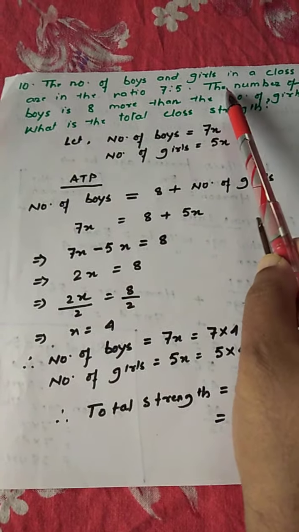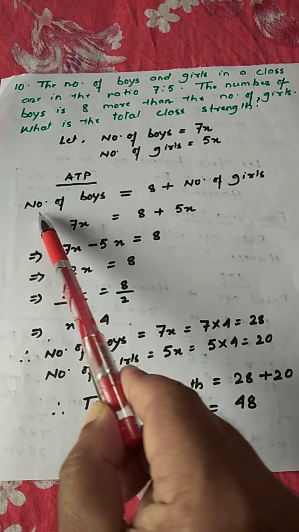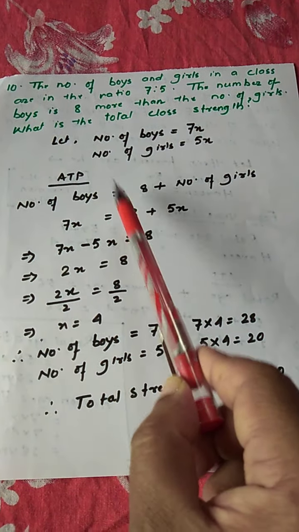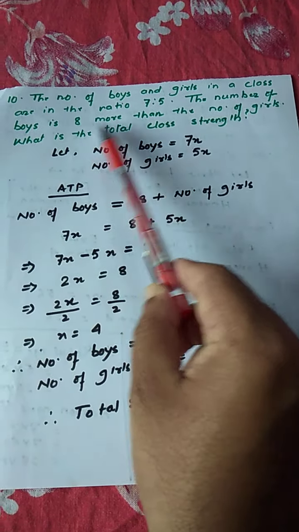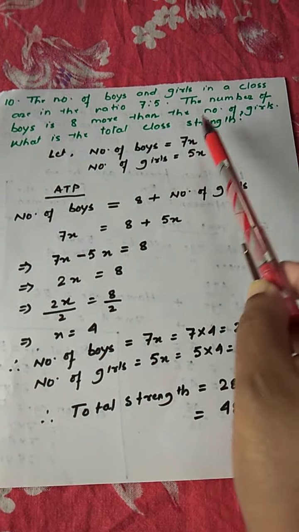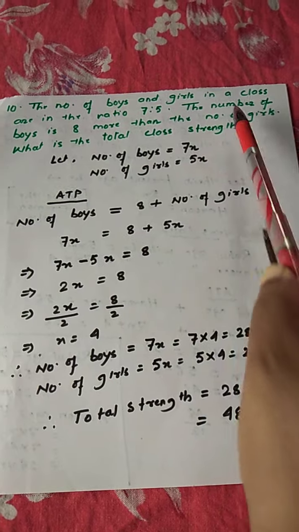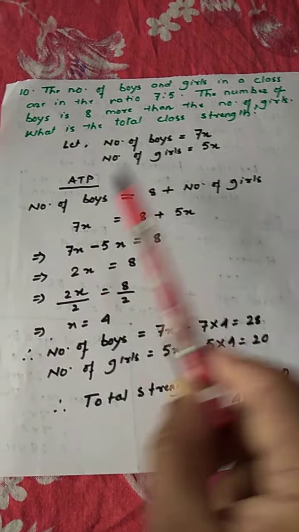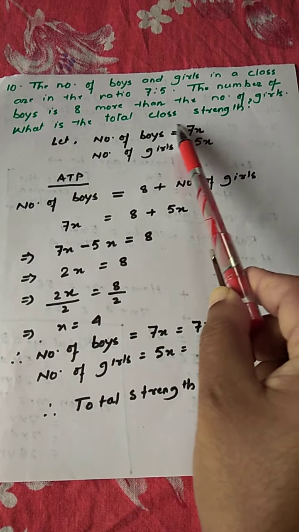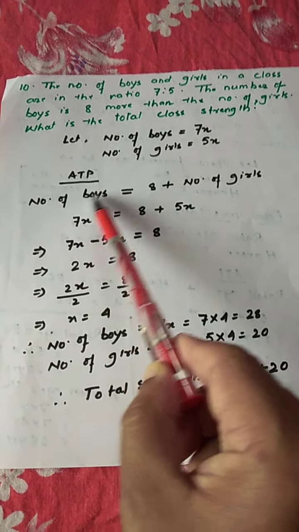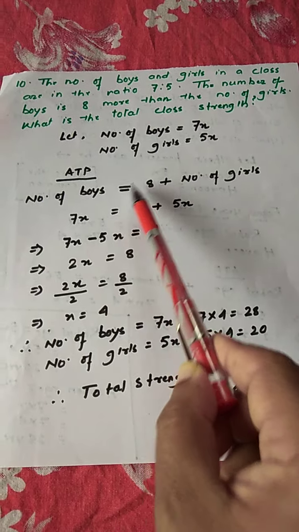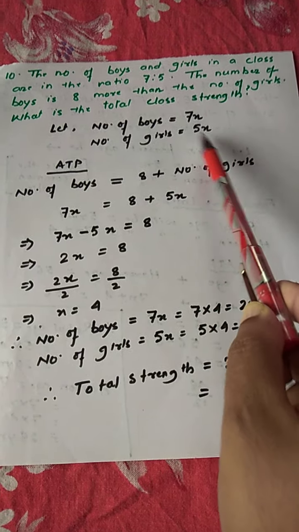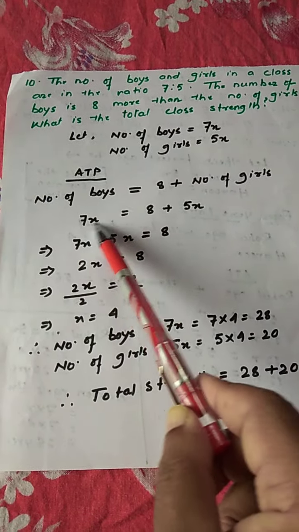The number of boys equals 8 more than, that is 8 plus, the number of girls. So the entire statement has been changed into equation form. What is the number of boys, students? 7x. So I've written 7x equals 8 plus the number of girls, which is 5x. Now it is in equation form.